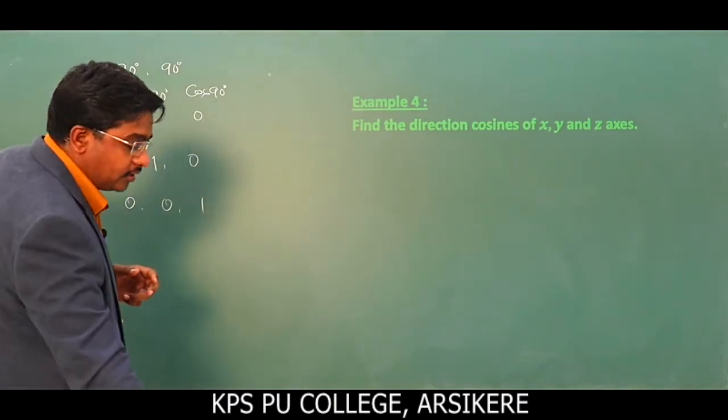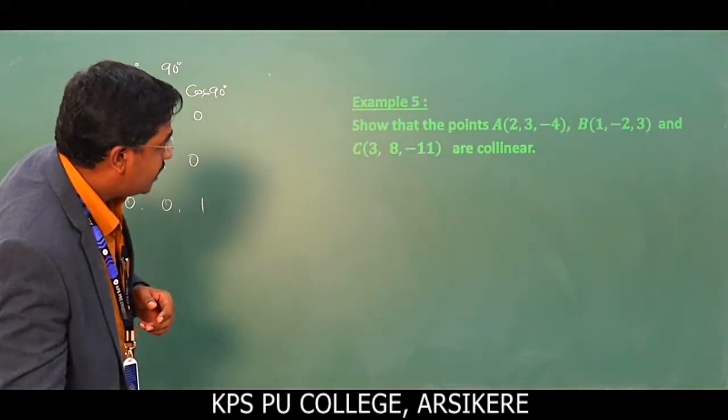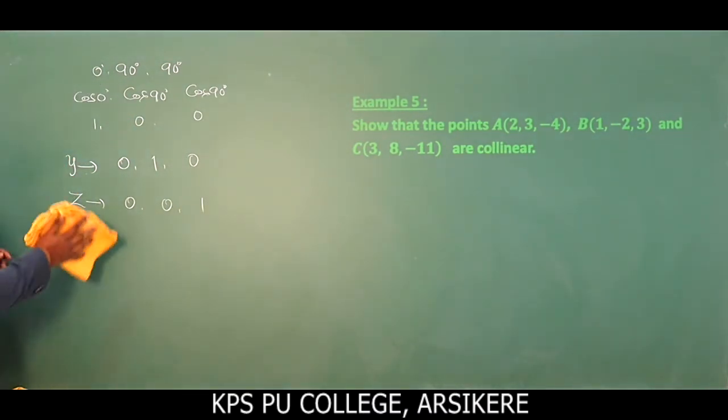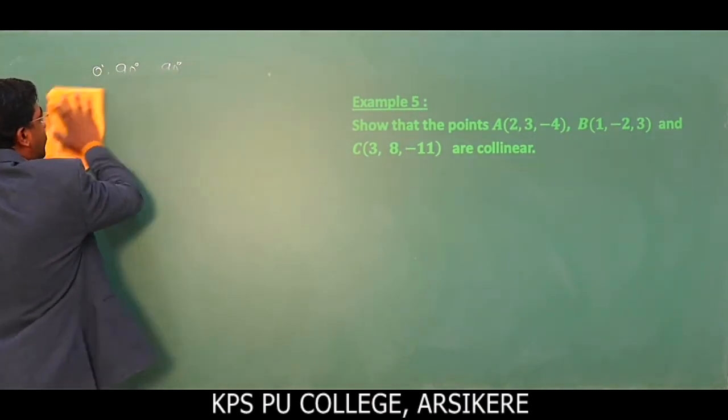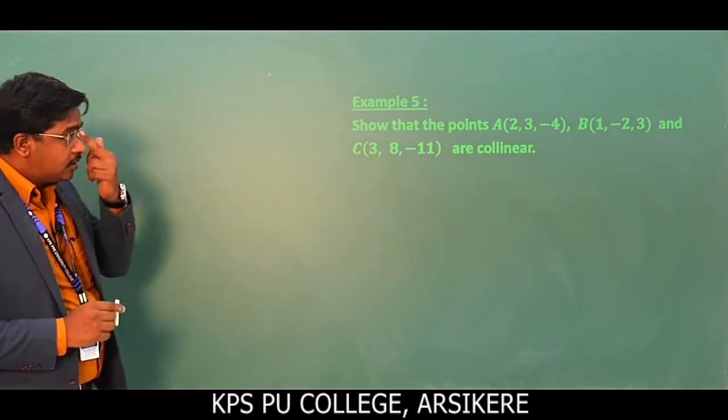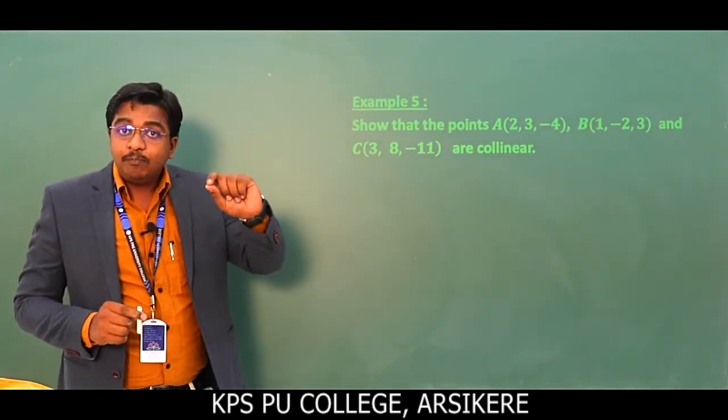This is very important, and that problem is: show that the points A, B and C are collinear. So in our last class we discussed this in problem note 4. What is it for 3 points to be collinear?